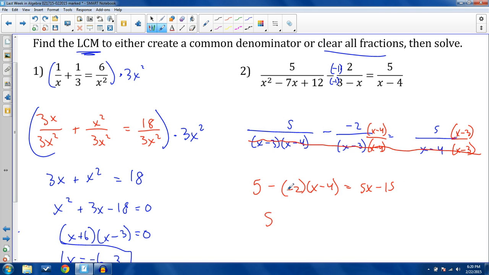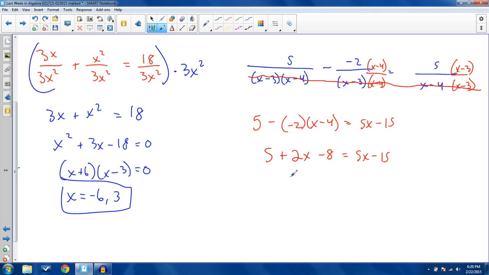So 5 plus 2x, oh no, minus, that's going to be a minus 8. Minus negative 2 times negative 4 equals 5x minus 15. And so 2x minus 3 equals 5x minus 15.